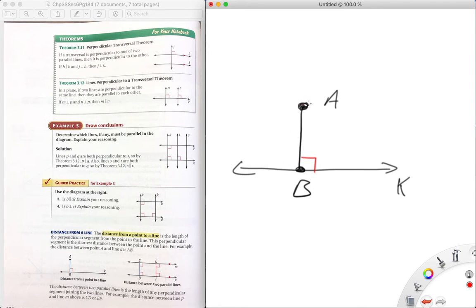The shortest distance from any point to any line will always be perpendicular to that line. That's all it's saying. So segment AB, the shortest distance from A to line K, will be perpendicular to line K. And it will always be the shortest distance from that point to that line.